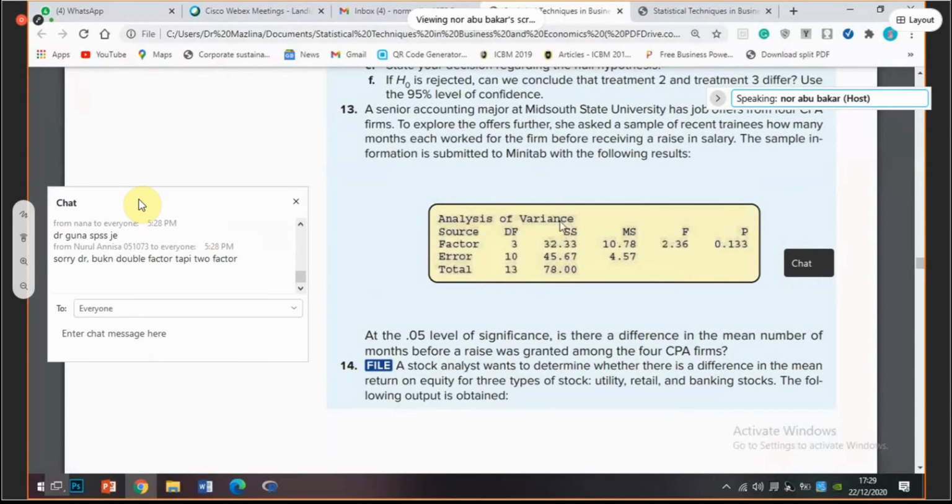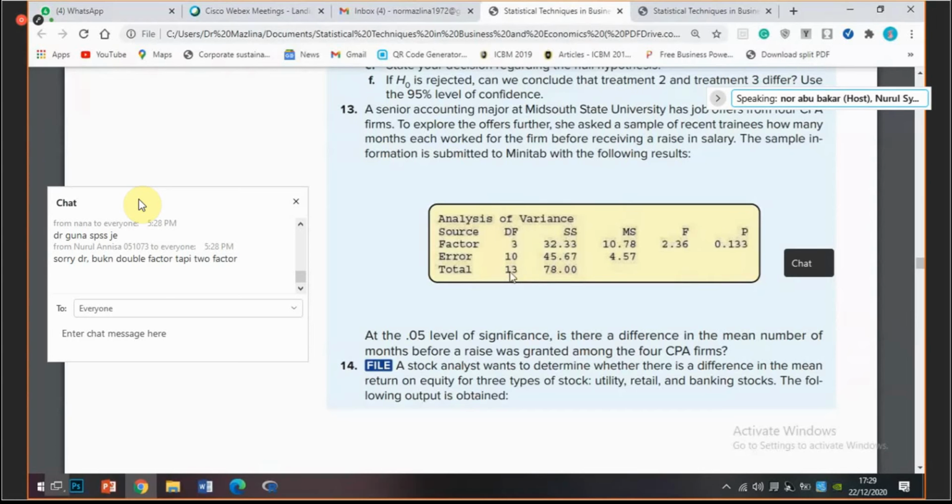So if you look at the output of the ANOVA table here, you have 13, right? So maybe the question will ask how many are there in the sample? If like this, how many people are in your sample? 13? Or 14? Or 15? Okay, 14. Why 14? Add 1.